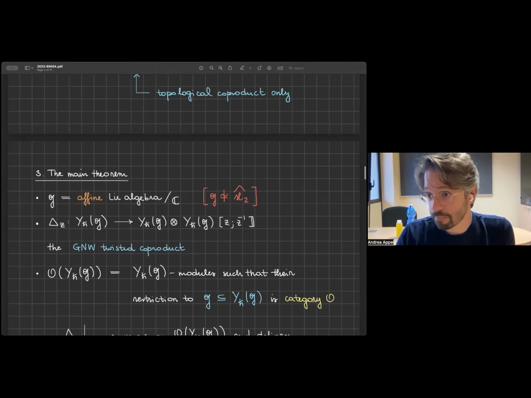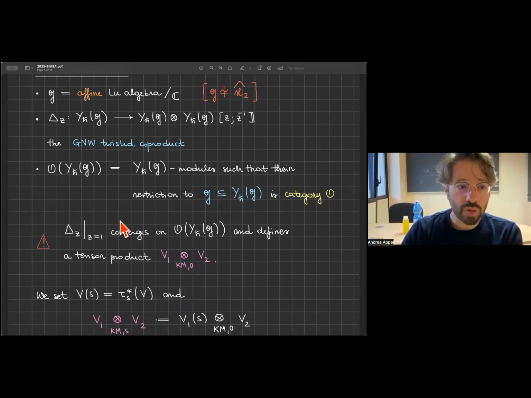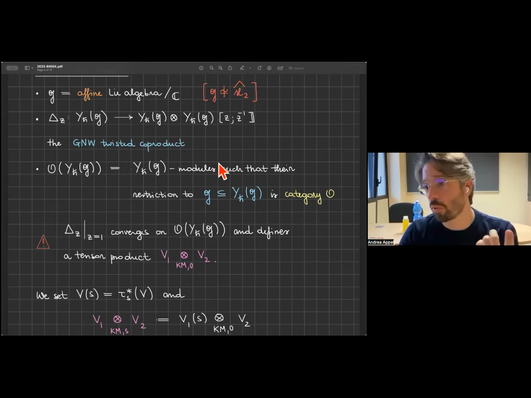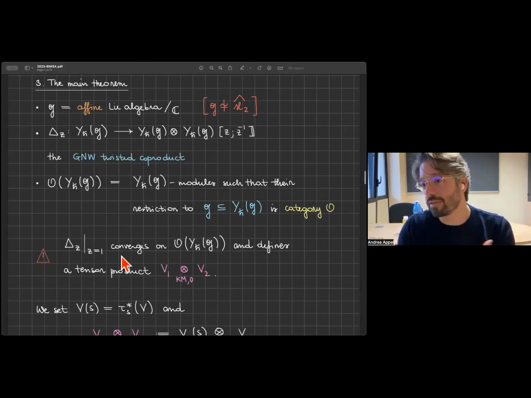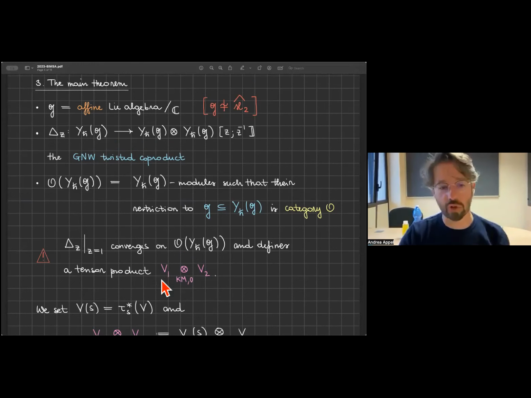And this Laurent series on this tensor product, in fact, becomes polynomial. It just gets truncated on any tensor product. And then I can evaluate this coproduct at 1. So by doing this operation, this means that this topological coproduct that they defined is, said otherwise, encoding a tensor product on this category of representations of the Yangian.